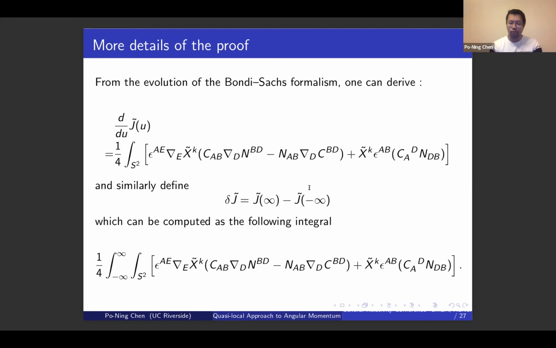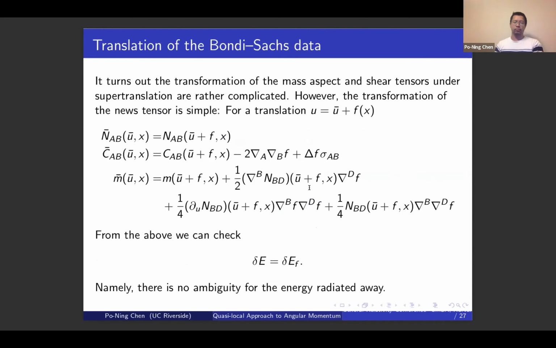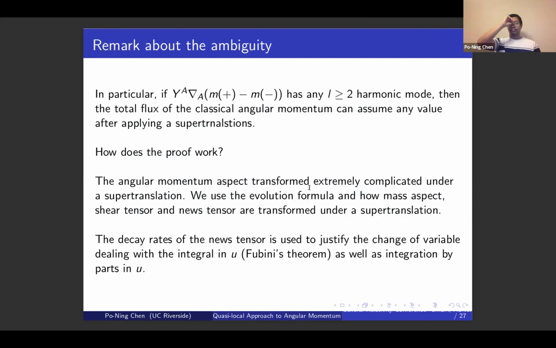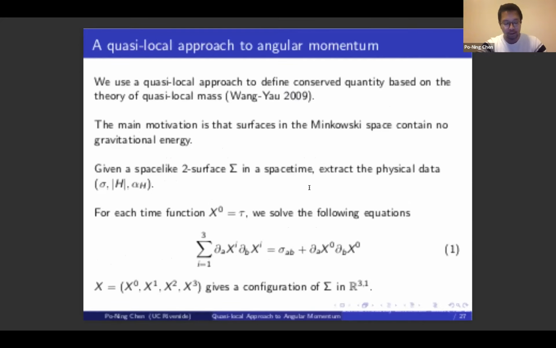Now one can go back to here and write down how n and n bar, c and c bar are related. The decay rate, again, guarantees that we can apply the Fubini theorem. Okay. And there is some more integration by parts, both in space on S2 and on u, that you have to perform.